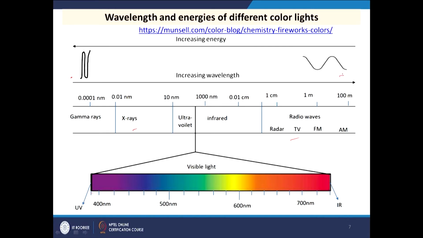These are the different types of rays available in the solar radiation coming to the earth. So, we have to trap the energy associated with this radiation and convert it into usable form. That is the basic concept of energy conversion from solar to electricity.